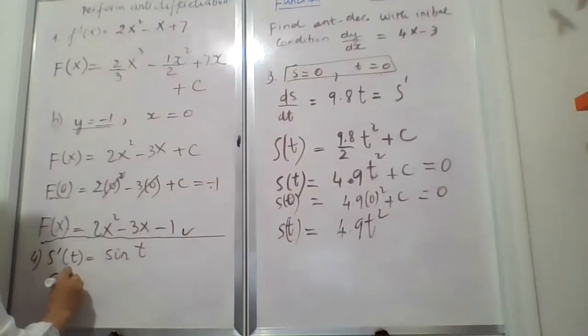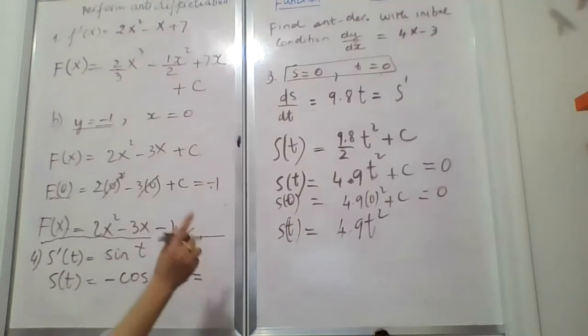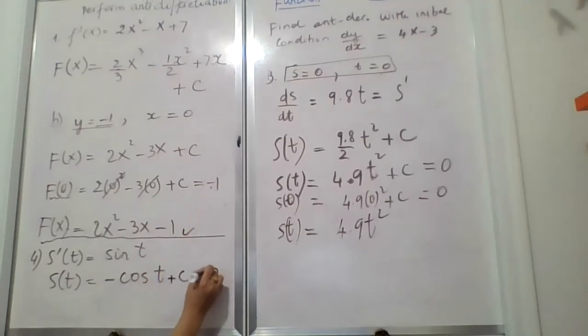So s prime of t equals sine t. So s of t will be equal to the antiderivative of sine t. Now, the derivative of sine is cos, right? But the antiderivative will not be just cos, but will be minus cos t plus c.